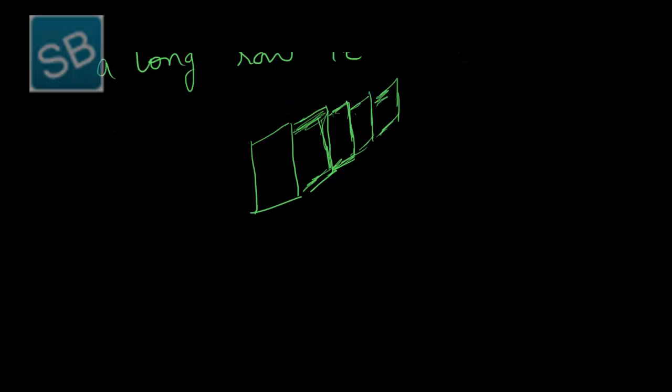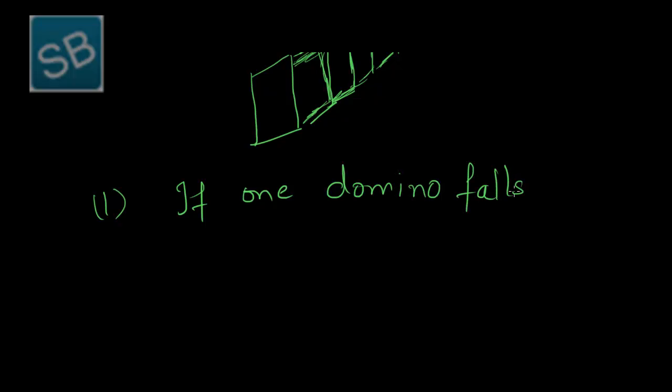So as if one domino falls, then what will happen? If one domino falls, it will hit another one, then another domino will fall, then another domino will fall. That will continue.